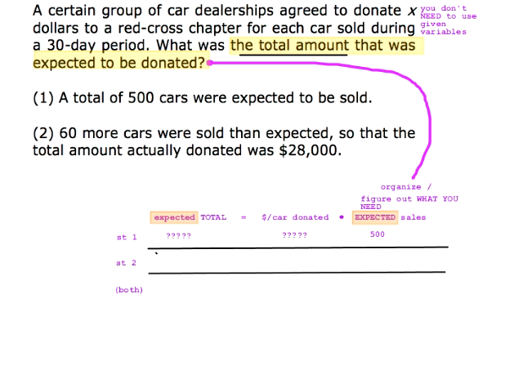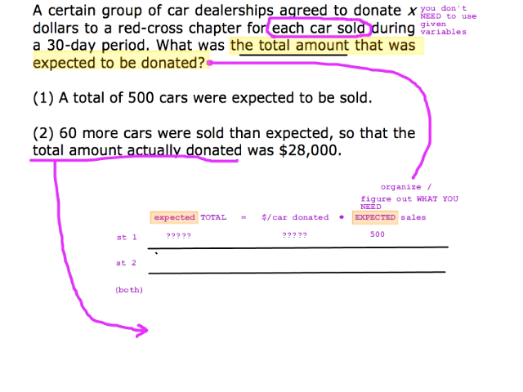Like Antoine typing here. So this means that the actual number of sales was, let's see, right? The total amount actually donated was $28,000. And notice that this was not X dollars for every car expected.